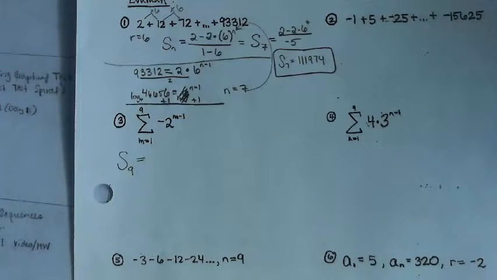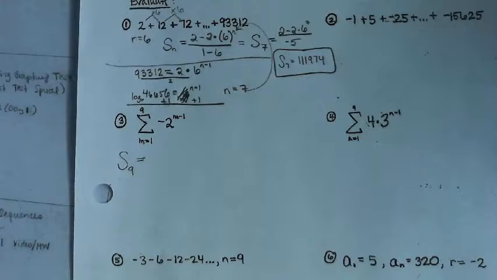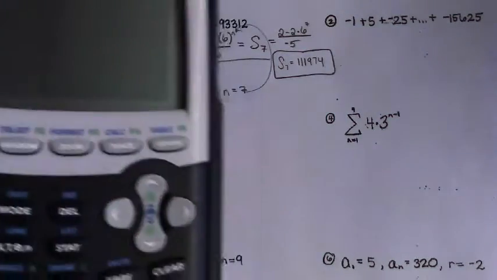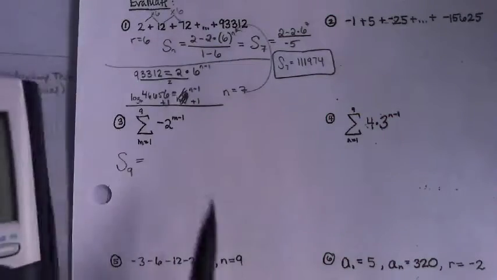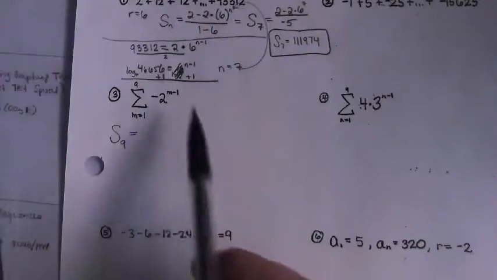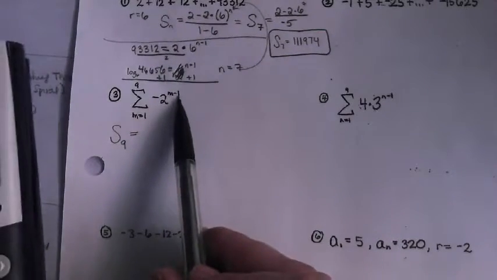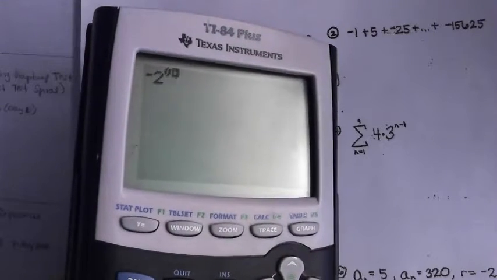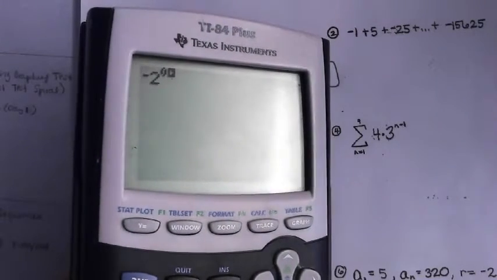How about a sub 1? How do we find the first term? Plug in 1. So it's negative 2 raised to the, what's 1 minus 1? 0, so raised to the 0th power. What do you think that's going to be?